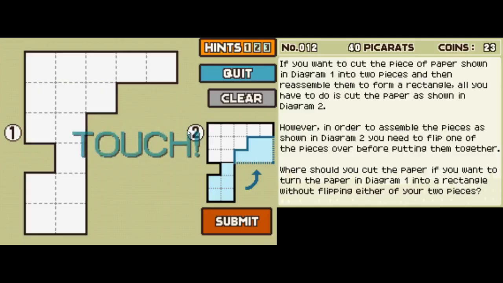Where should you cut the paper if you want to turn the paper in diagram 1 into a rectangle without flipping either of your two pieces? So the question is, where should you cut the paper if you want to turn the paper in diagram 1 into a rectangle without flipping either of the two pieces?